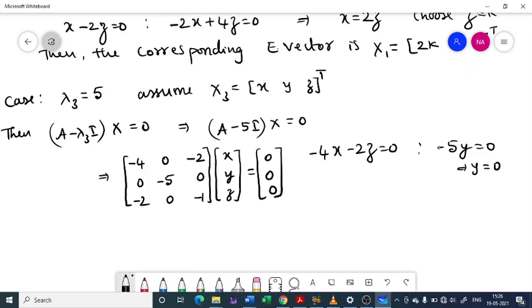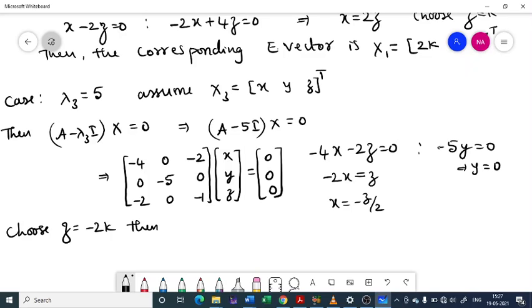From this you can check that minus 2x minus z equal to 0, that implies minus 2x equal to z, so x equal to minus z by 2. Choose z equal to minus 2k.